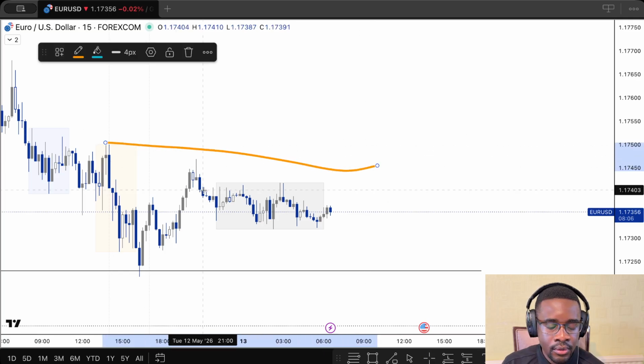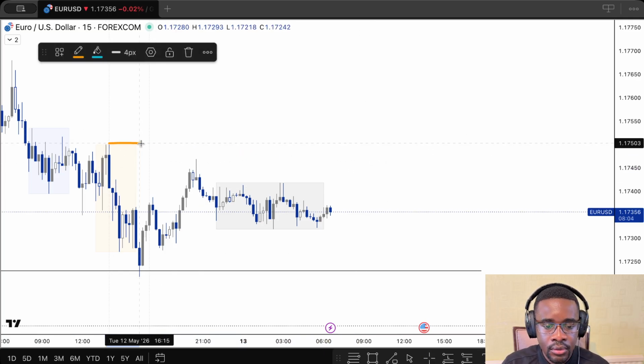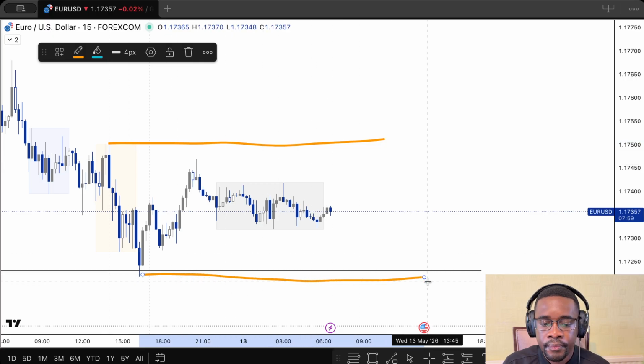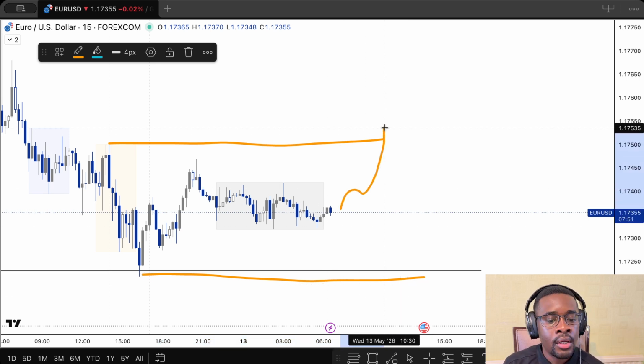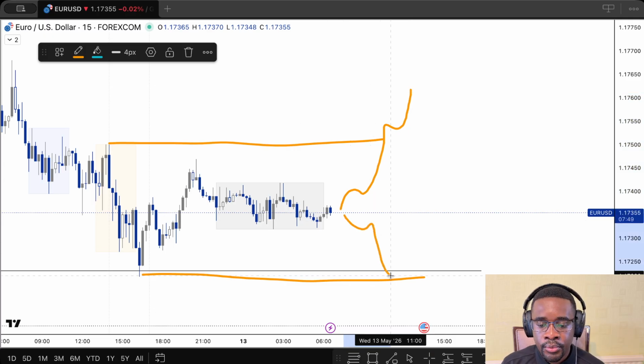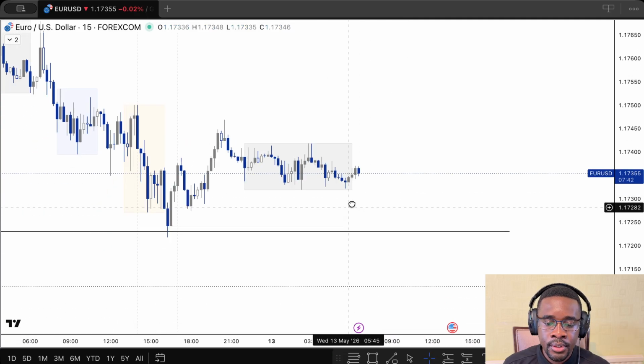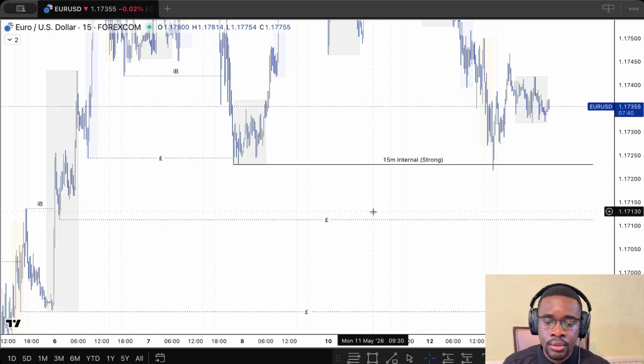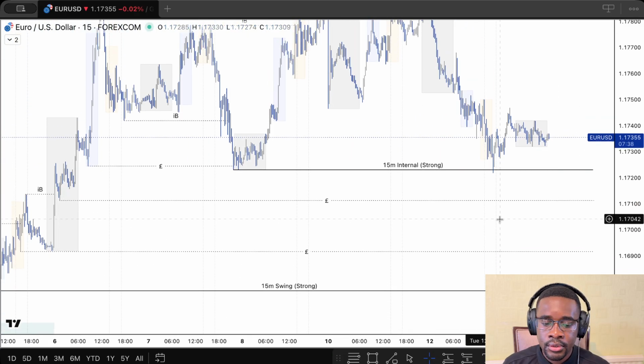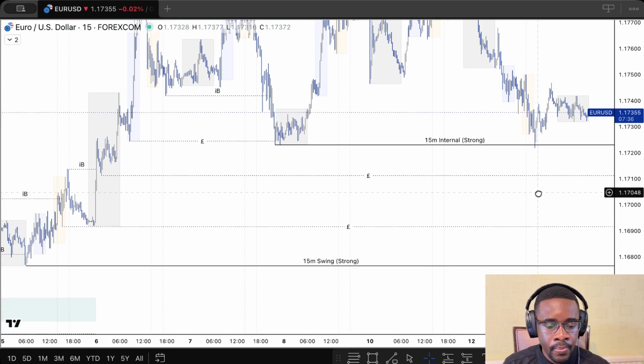Okay, so price is going sideways. So as of now, there's no clear bias, because it could decide to go up, or it could just decide to continue to melt to the downside to mitigate maybe deeper levels of discount in this swing range.